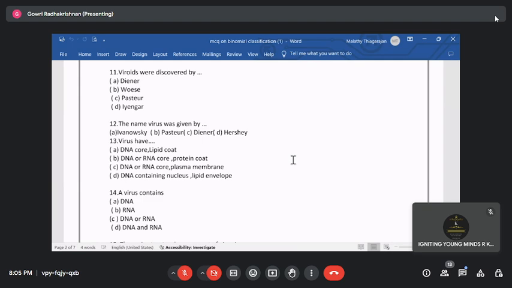Pathogens are harmful organisms, microscopic or macroscopic. Viroids infect only plants. That is very important: when you talk about viroids, remember immediately that it is a pathogen which affects plants.